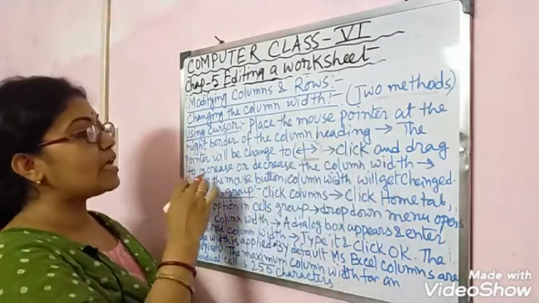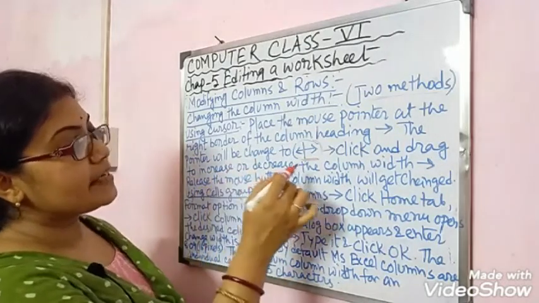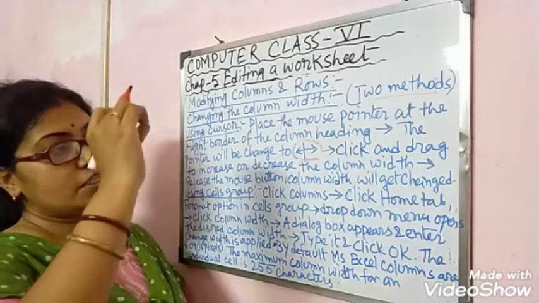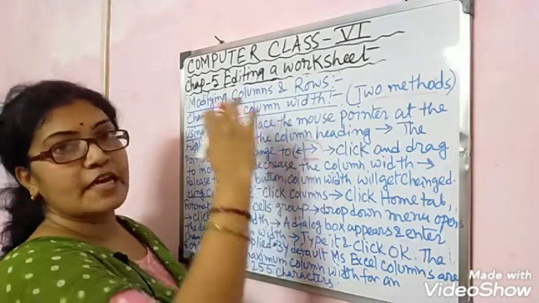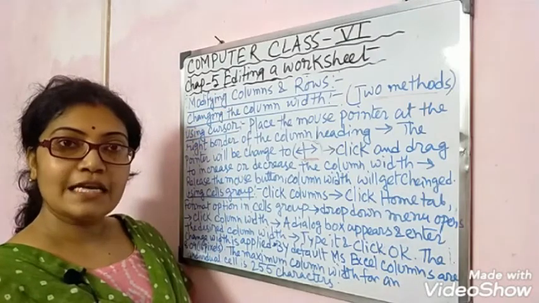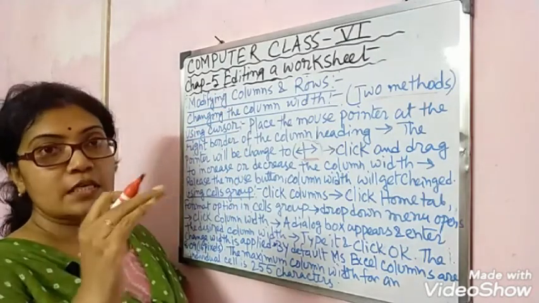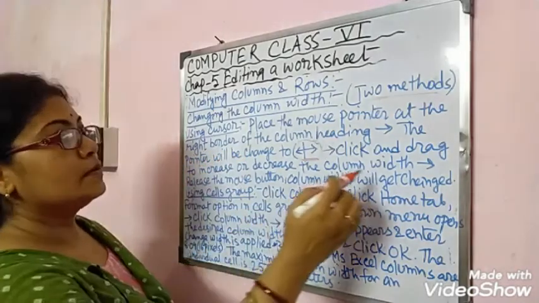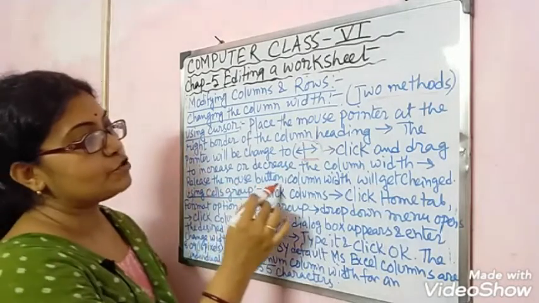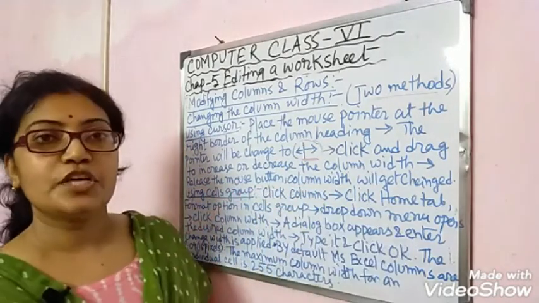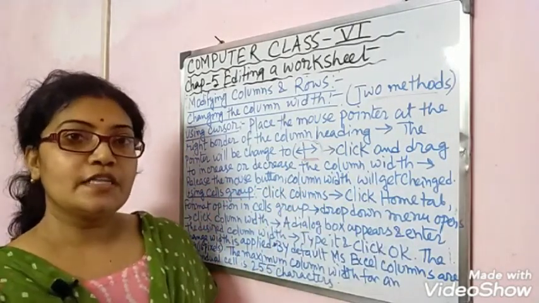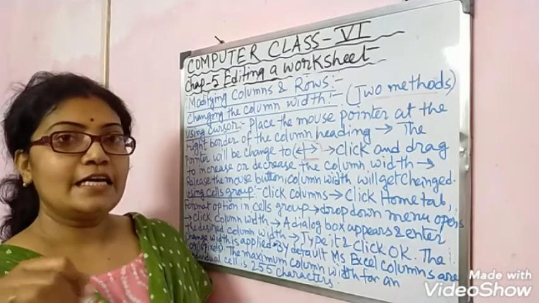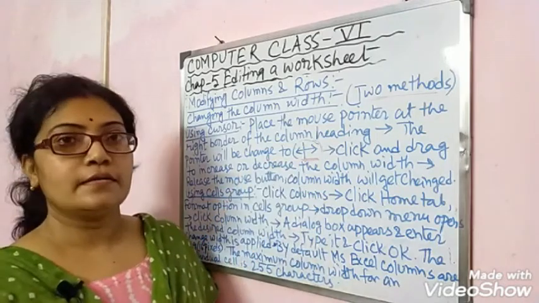Click and drag to increase or decrease the column width. If you want to increase, click the mouse pointer and drag it outward. If you want to decrease, drag it inward. Release the mouse button, and the column width will change. When you release the mouse button, you will see your desired width.